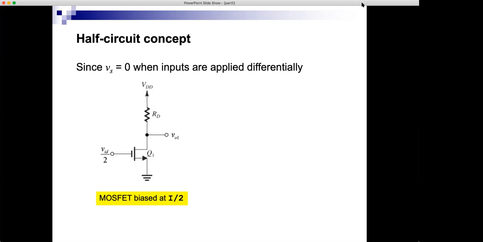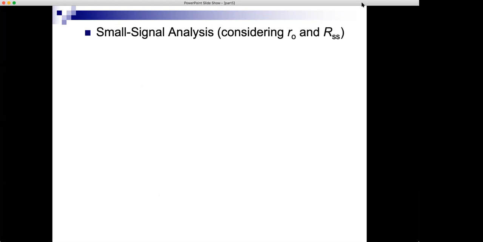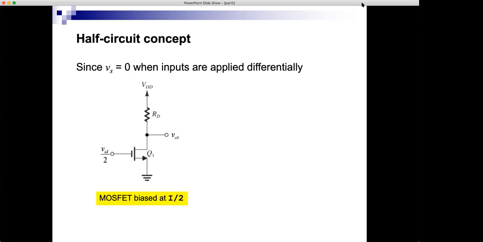So the assumption here is that we know really well how to analyze a common source amplifier, and we want to use that knowledge to analyze differential amplifiers. Not every time, I don't want to repeat such a circuit and analyze it if I have a differential amplifier. Maybe I can simplify it to something I am very familiar with. And in fact, I do.